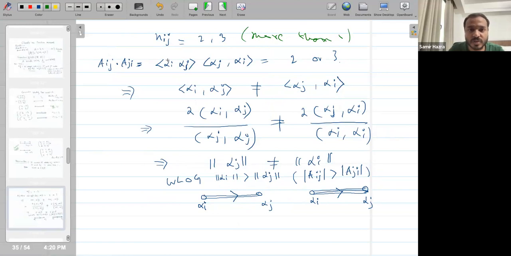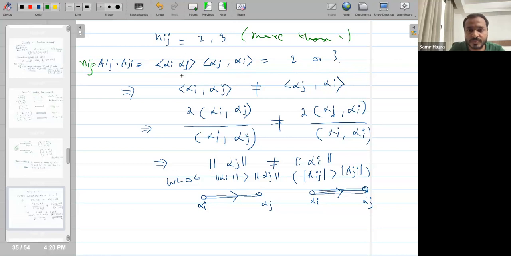We want to prove that the norm of alpha i is not equal to the norm of alpha j. So Aij times Aji, which is nothing but Nij, is either 2 or 3.